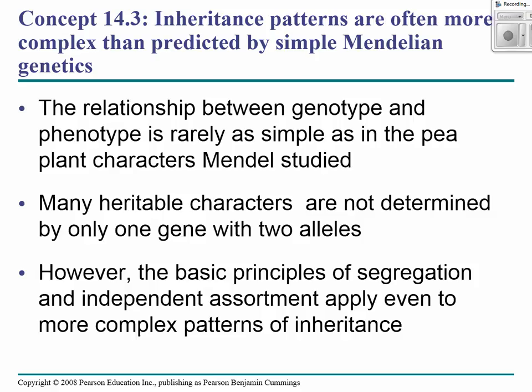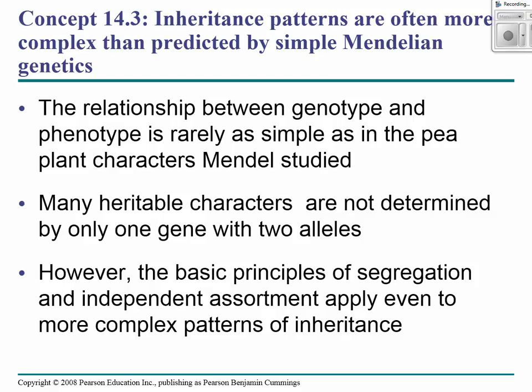How I remember genotype is it's the actual genes. Those letters represent the actual genes, so big Y, little y is a genotype. Phenotype is what it actually looks like. So let's say the Y is a yellow pea, actually the seed, that is the phenotype.